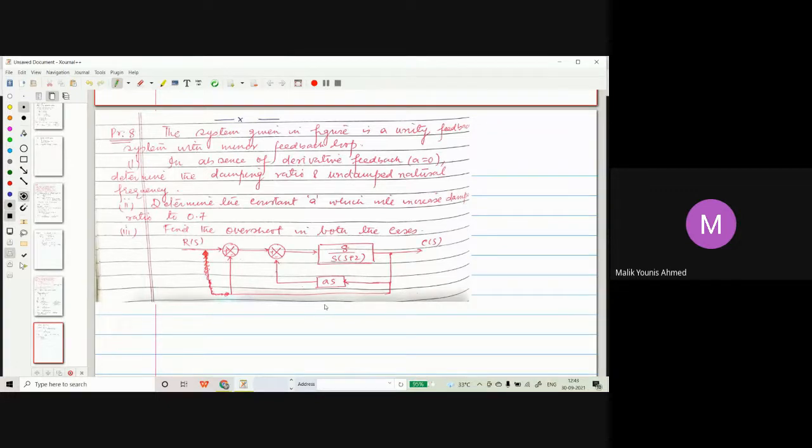That means first you have to take a equal to 0. Second time you have to include the constant a which will increase the damping ratio to xi, which will be given to you. You have to determine the value of a at that time, and also you have to find the maximum overshoot in both the cases. So this is a conventional question.